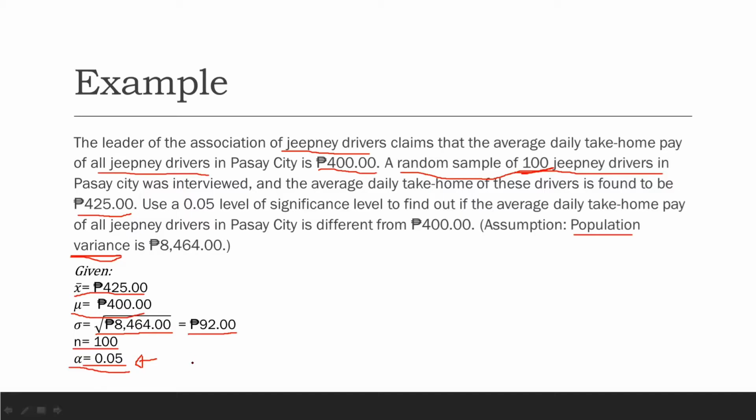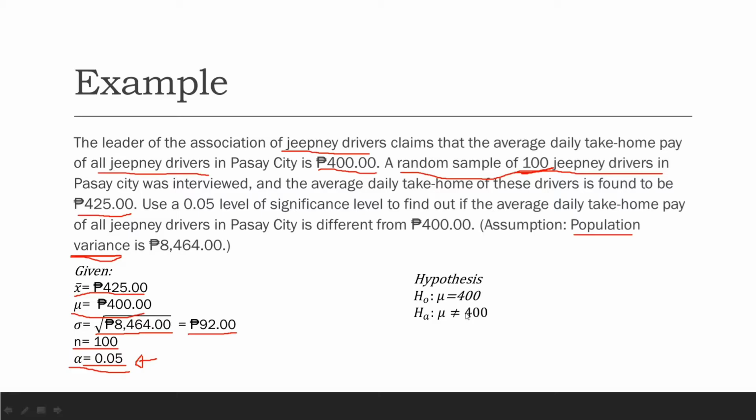To get kung one-tailed or two-tailed ito, we need to get the null hypothesis and the alternative hypothesis. So the null hypothesis is the mean is equal to 400 and the alternative hypothesis is not equal to 400. So if you can see sa problem natin, wala naman siyang less than or greater than. So therefore, the symbol is not equal sa alternative hypothesis.